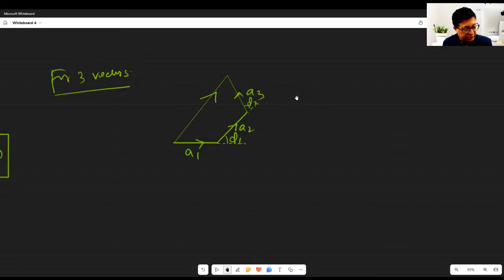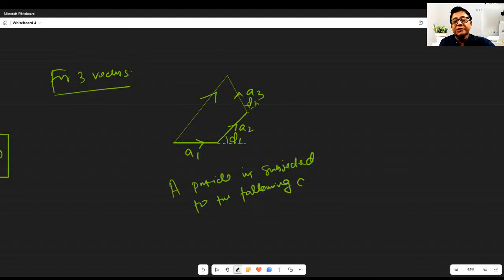To understand this thing, just write, add the following waves. Number 1, or better you put this statement: a particle is subjected to the following displacements simultaneously.